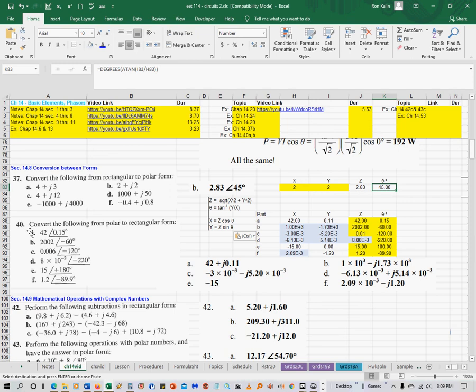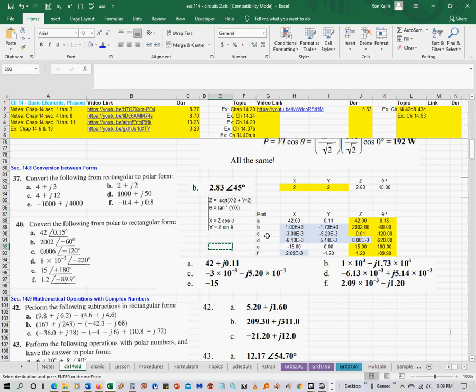And then problem 40, convert the following from polar to rectangular form. I did all of them here. Here are the answers. This is your value of z, this 42, and then this is your value of theta in degrees, 0.15.